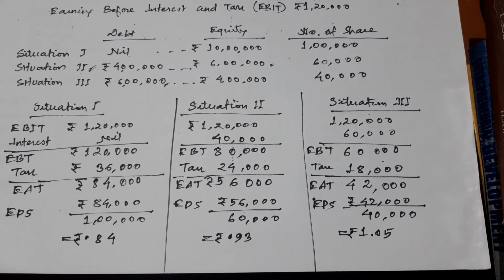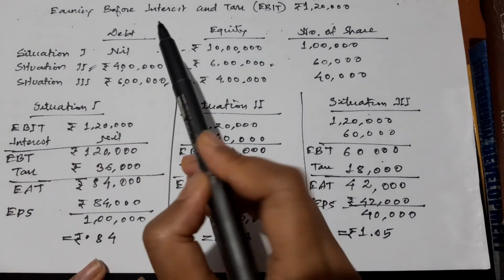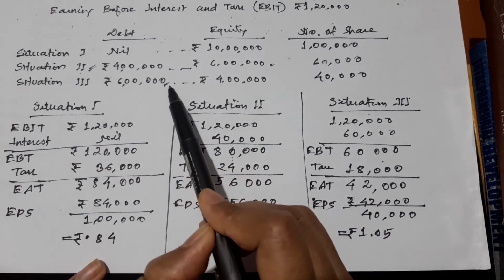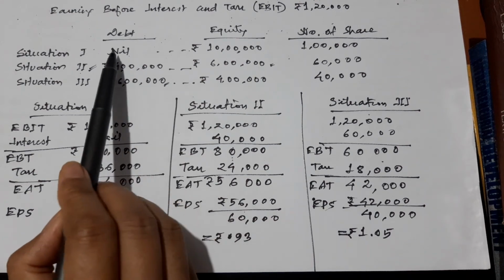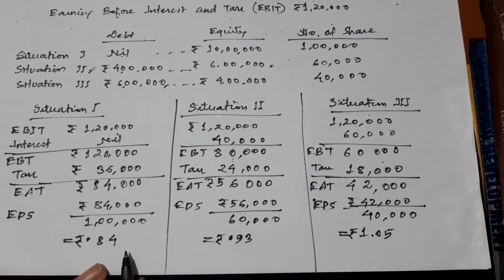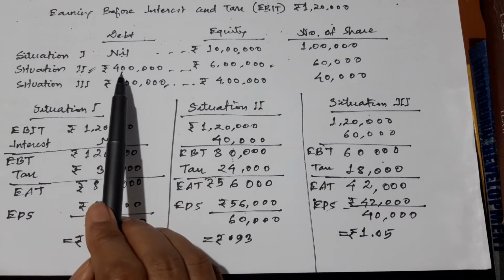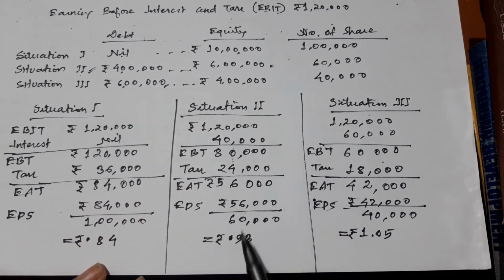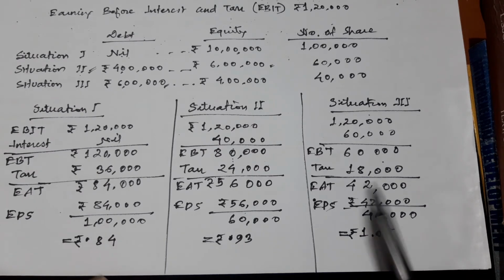Now you need to see, with gradual increase in the use of debt fund, in situation 1 nil, EPS is 0.84. In situation 2 debt fund is rupees 4 lakh, earning per share is 0.93. So it is a higher amount than 0.84, isn't it?